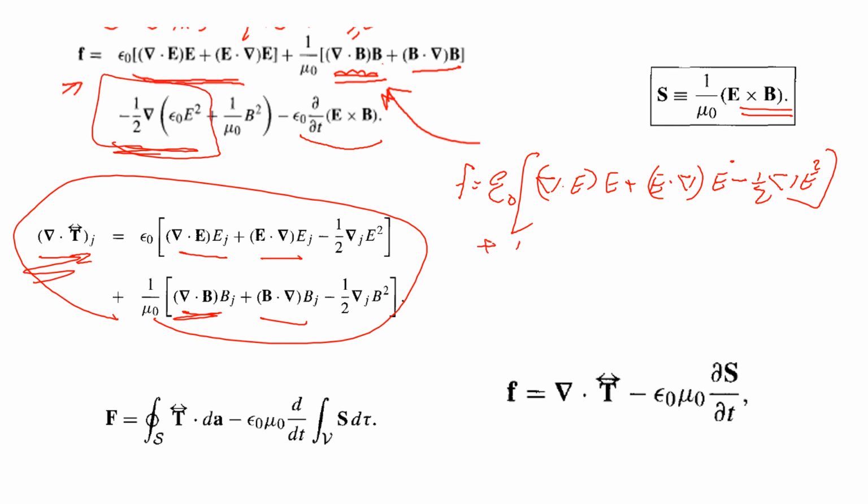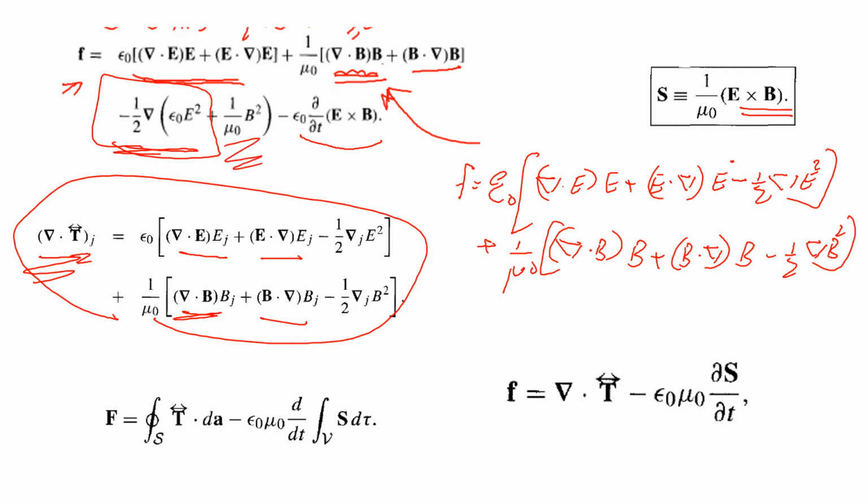Then plus 1 by mu 0 times del dot B B plus B dot del B minus 1 by 2 del B square.